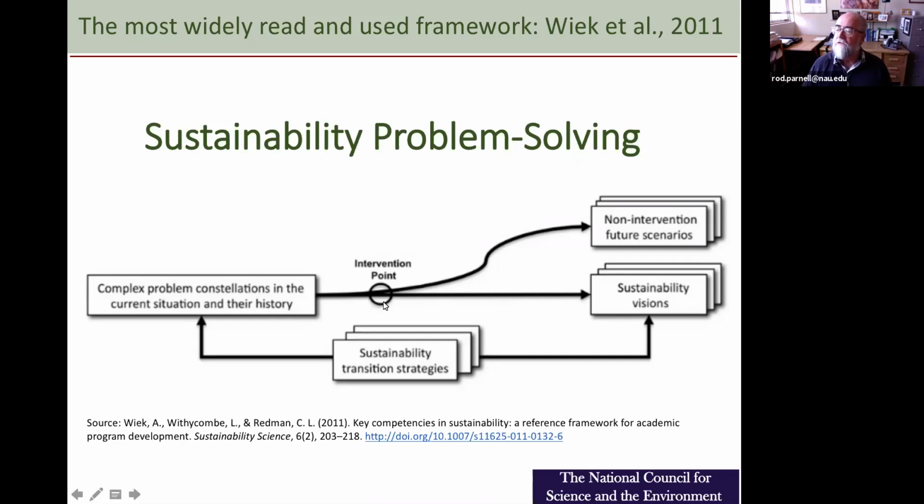In other words, trying to figure out where, when, and how to act to be able to move us toward the desired future that we want to see with respect to different sustainability visions, or possibly with respect to non-intervention scenarios as well. So these three steps then are going to involve generating different strategies at different scales to allow us to move forward.